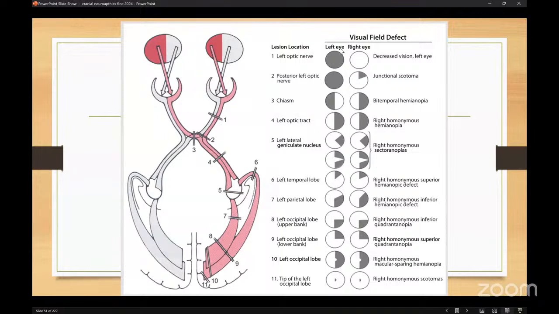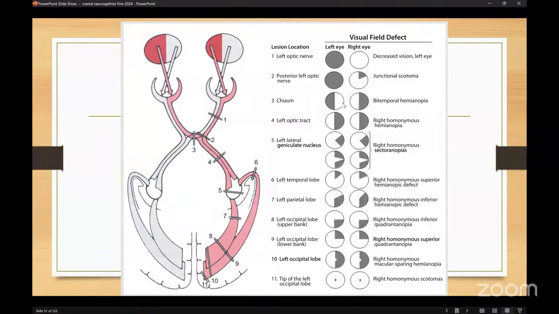Okay. So here you can see the left optic nerve involvement, one left eye complete black. If there is involvement of the optic nerve at this localization, then you can get a junctional scotoma, that is complete vision loss in one eye, and in the other eye there will be a scotoma. Then the chiasma: you can have binasal hemianopia.